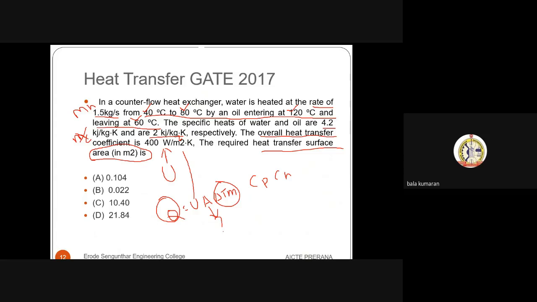Another Q formula everyone knows is M H C P H, bracket open capital T1 minus T2.